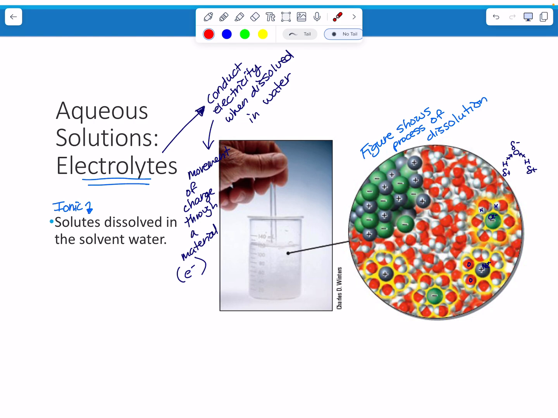So the electrolytes in your sports drink are the ionic compounds, the salts, not the sugar part, right? Because if we put sugar in water, it's not going to make it any better at conducting electricity, so we don't call it an electrolyte.